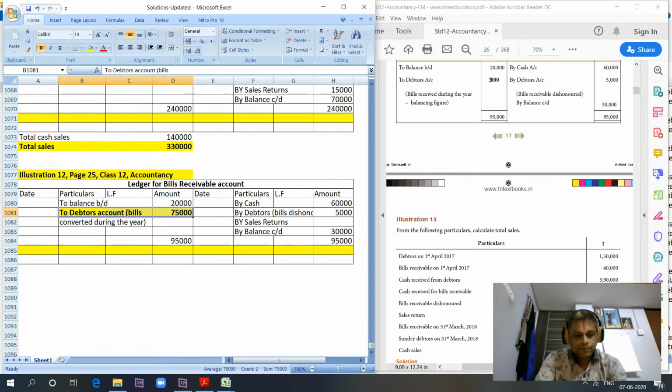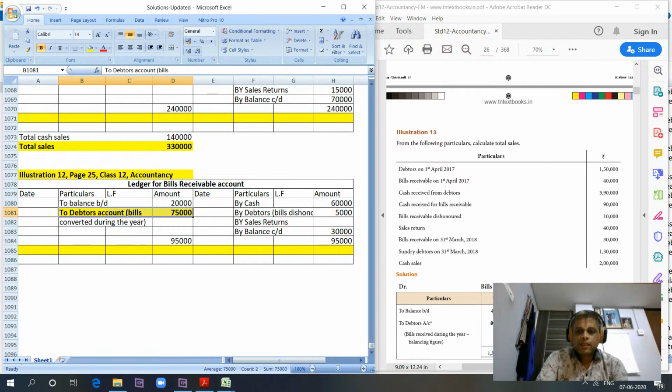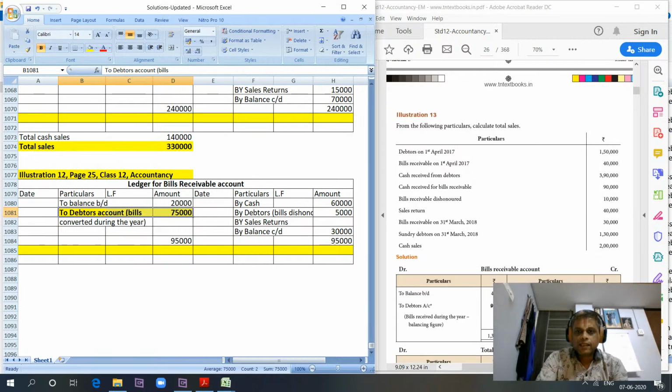The next one is far more interesting. It's a detailed illustration with debtors and bills receivable together. So it should be interesting. Let's go to it now.